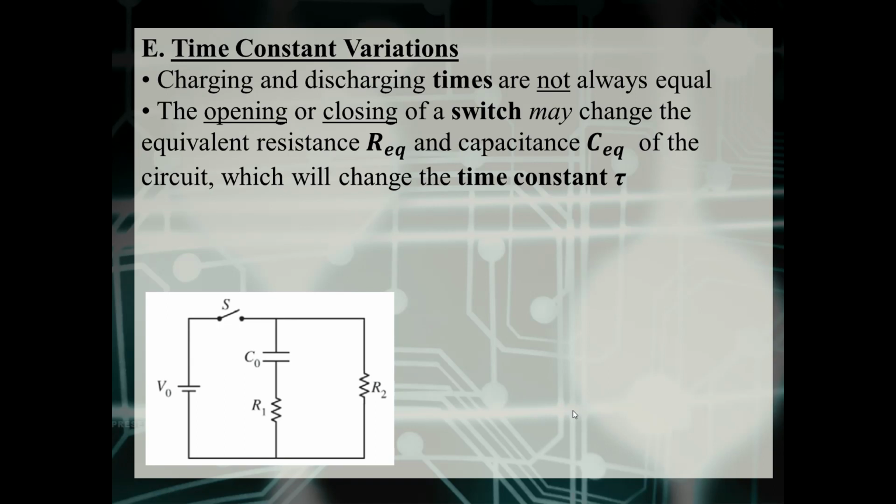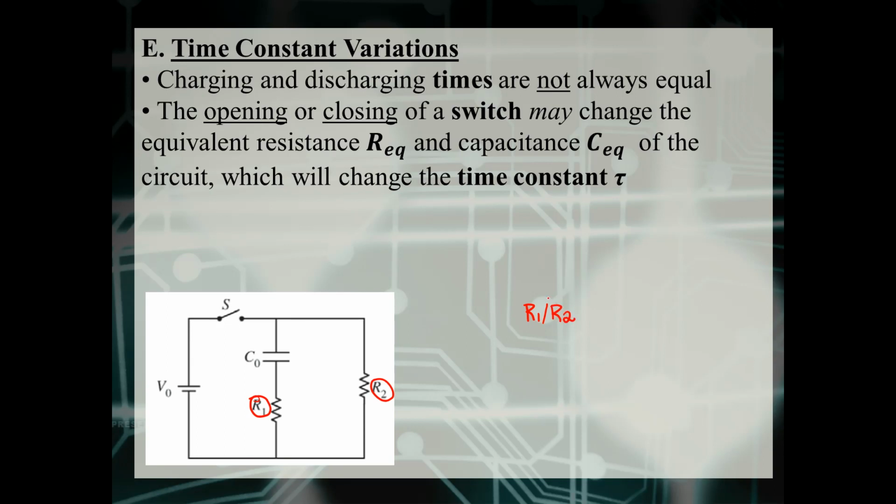So if we look at this, when you close this switch and the capacitor is charging, R1 and R2 are in parallel with each other to start off with. So you'd have R1 and R2.